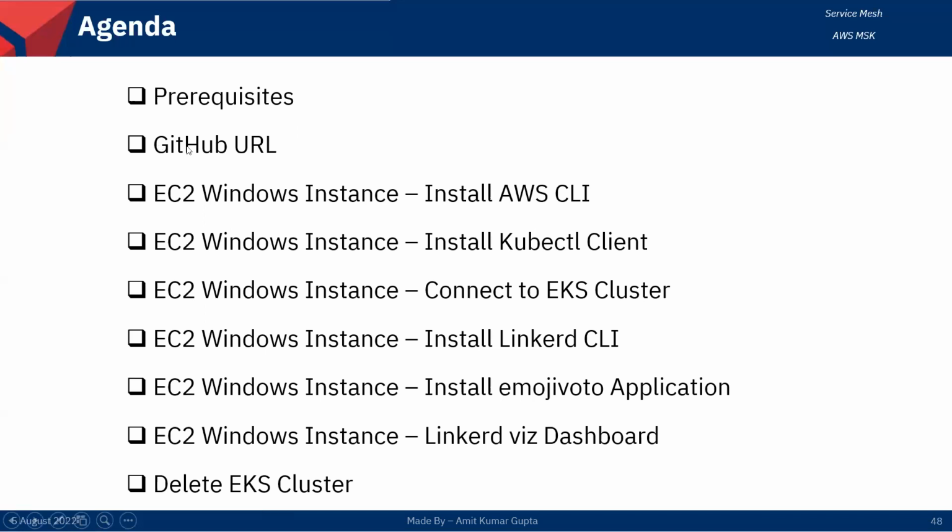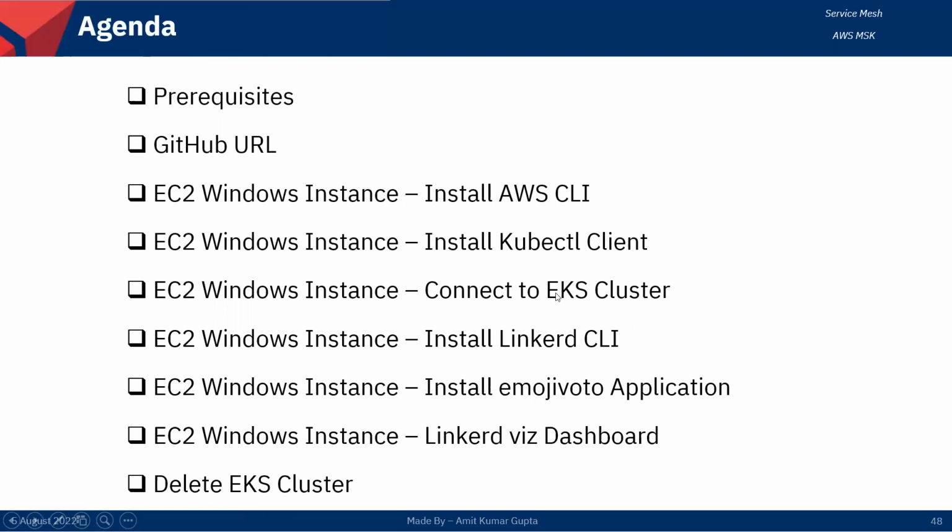The GitHub URL is there where I have added the code. After that, we are going to create one Windows instance where we will first install AWS CLI, then kubectl client, and after those activities, we will connect to the EKS cluster which I created earlier.